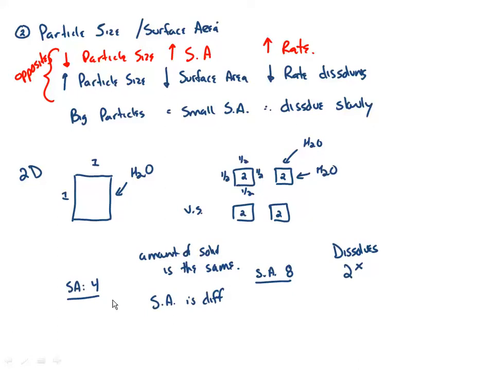Meaning for dissolving to occur, remember the water molecule has to interact with whatever we're talking about. For example, and this is a bit of review, remember what we said is that if I have a solid lump, say, of sodium chloride, the reason sodium chloride dissolves is because I've got a sodium ion that's surrounded by a bunch of water molecules, right?